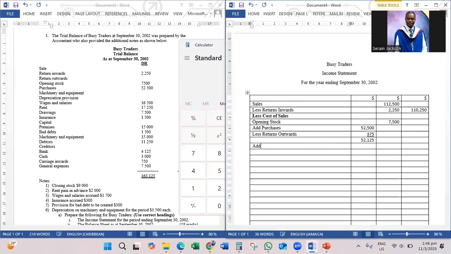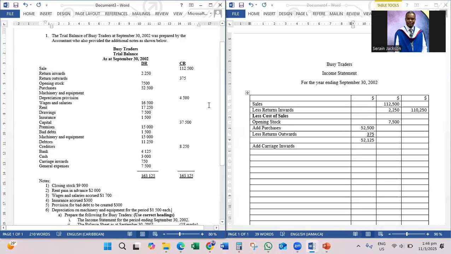And then now we're going to add carriage inwards. Remember that carriage inwards is also a case where you pay to get your goods delivered. So carriage inwards is right down here, 750. So you're adding 750 here. And when you add this, you're supposed to get 52,875.